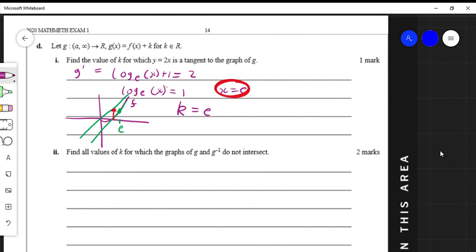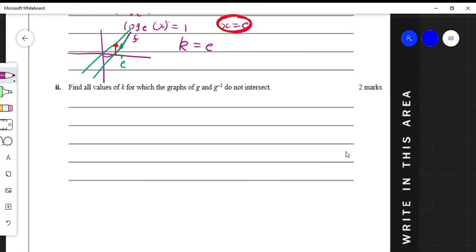Then that means that our tangent line here at x equals e with a gradient of 2 is now going to be shifted up by this much. So it's going to overlap with this y equals 2x line. So hopefully that makes sense, but that's the k value that we need so that this y equals 2x line is a tangent to g.